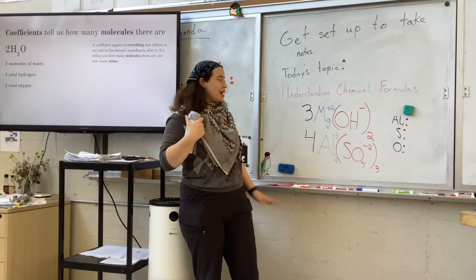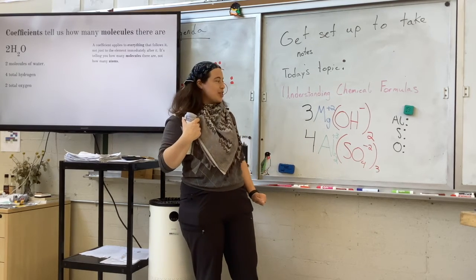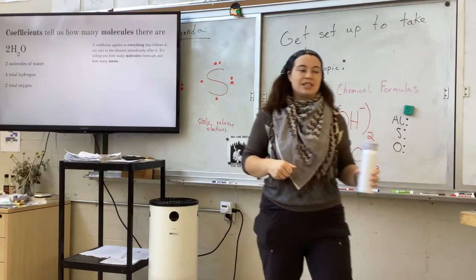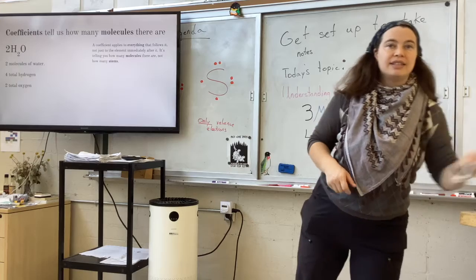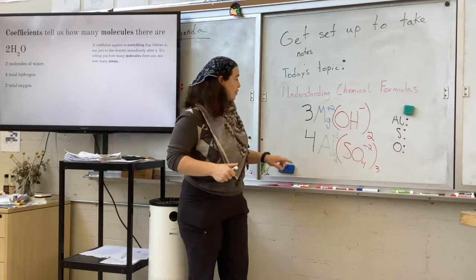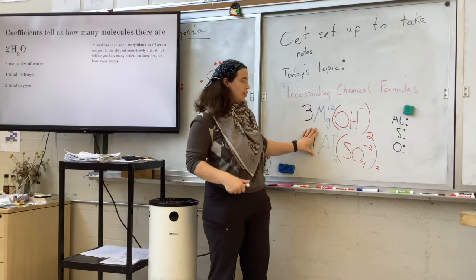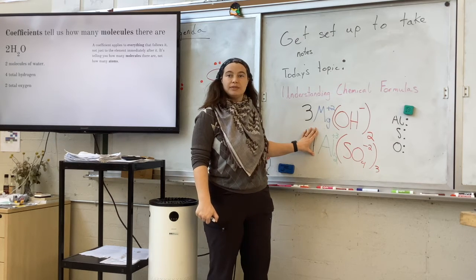All right, raise your hand if you think you can answer the aluminums for me. Just the aluminums. Let's go to Talia. 24. For the aluminums, well, if we had 1 molecule of aluminum sulfate, how many would we have?